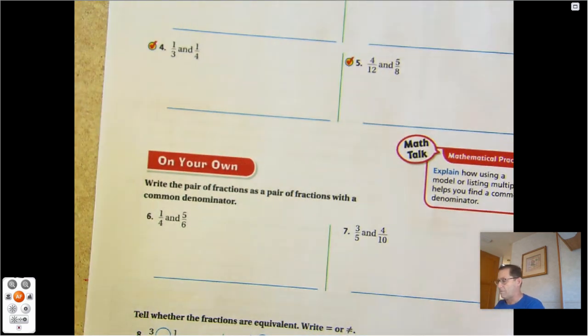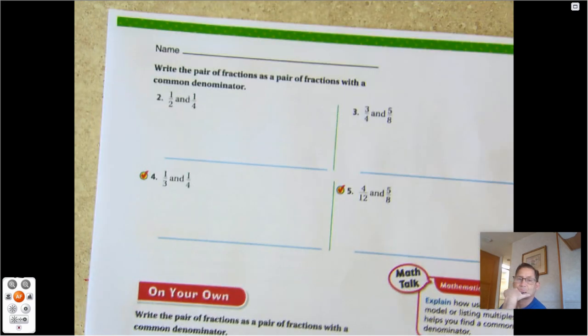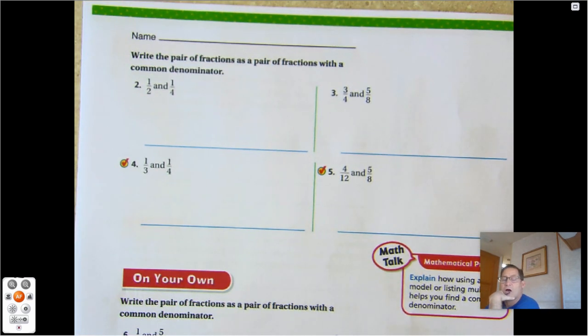Okay, let's go to page 251. All right, write a pair of fractions with common denominator. So you can list multiples or you can use folding. I'm going to use common multiples.